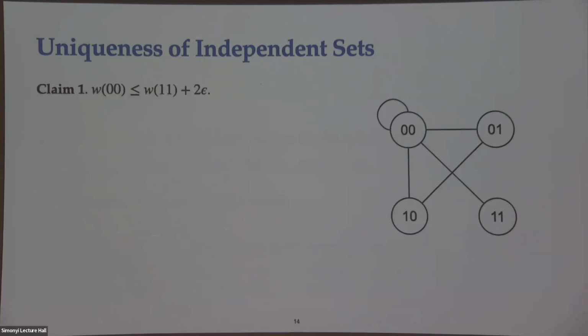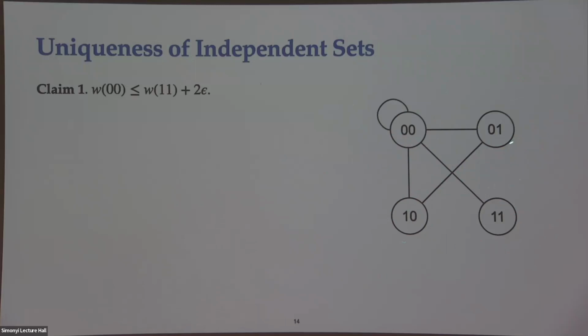First claim. Let's look at this picture. We claim that the 0,0 cluster has size at most the 1,1 cluster plus 2 epsilon. Think of these as clusters of vertices, and this one edge is like a lot of edges between clusters.